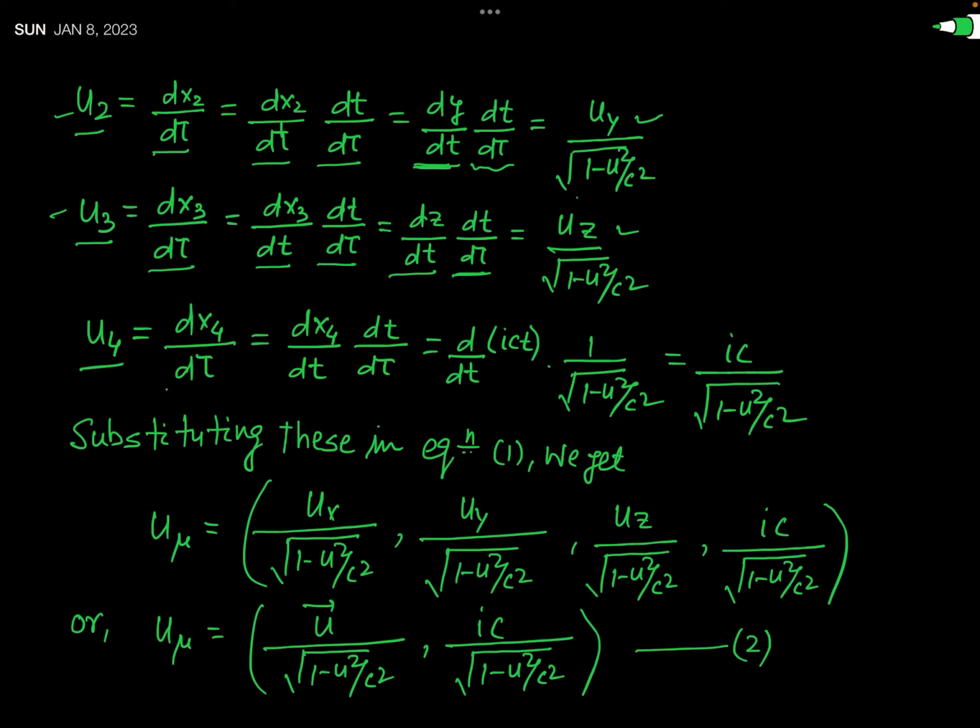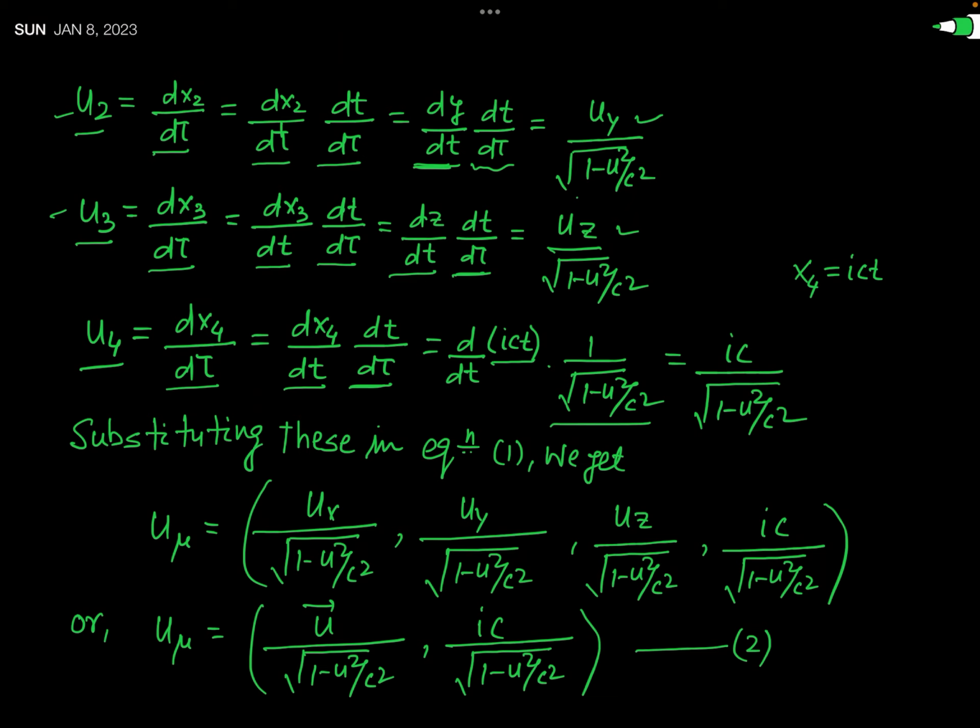This is dx4 by dt, and this will be written as dx4 by dt times dt by dt. Now you know that this x4, which is the fourth component of the position 4 vector, is actually equal to ict. So instead of x4, I have written here ict, and you also know that this dt by dt is equal to 1 over root over 1 minus u square by c square.